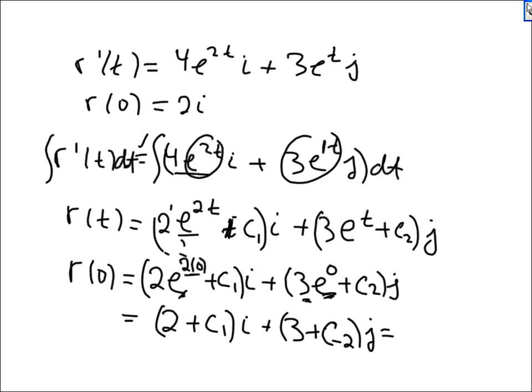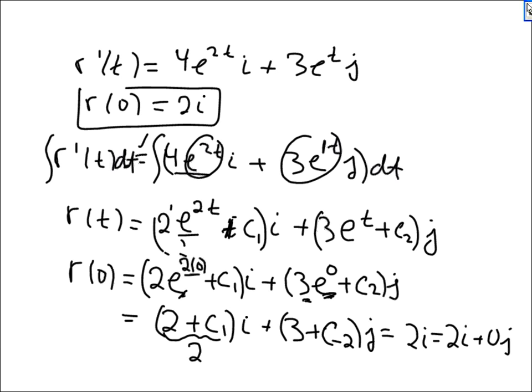On the other hand, they told me r of 0 is 2i, which means 2i plus 0j. That is, this must be 2, and this must be 0. Well, if 2 plus something must equal 2, then that something better be 0.